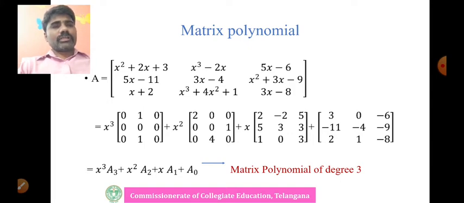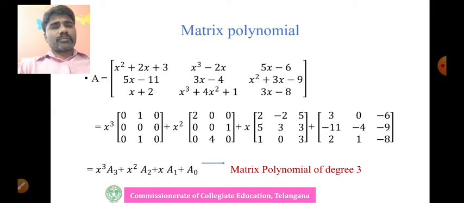That is, the first element is x square plus 2x plus 3, and the next one is x cube minus 2x, 5x minus c, and so on. These are the elements of the matrix, which are polynomials of degree at most 3. The maximum degree is 3 for some elements, not for all elements.